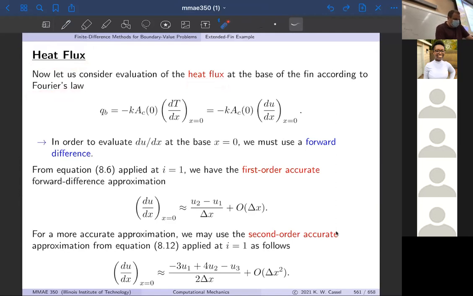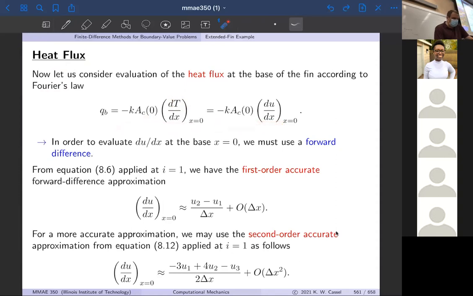It says that the heat flux, Q, is minus k times the cross-sectional area, which in this case is at x equal to 0 because we're calculating this at the base, times the gradient, dT dx. So minus k times A, dT dx. In terms of u, it's just minus k times A sub c times du dx.